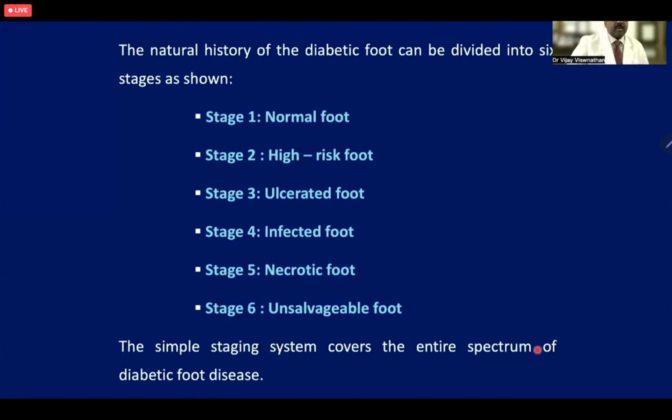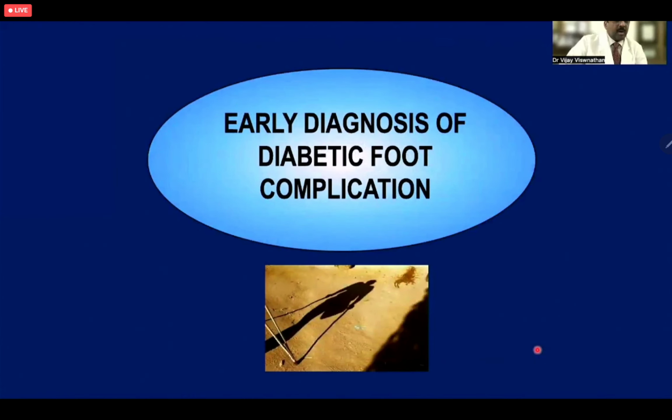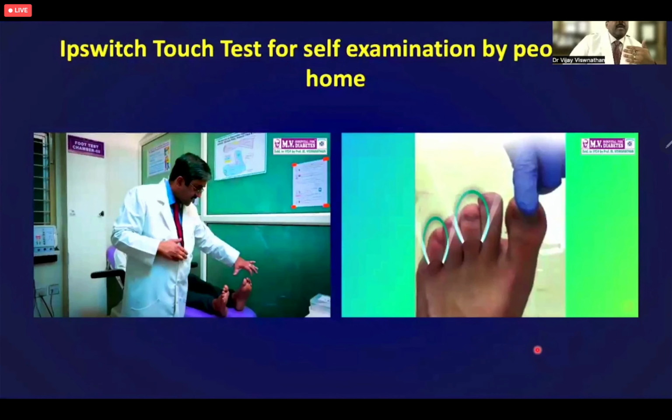The most important are stage 1 and stage 2. How do we make an early diagnosis of diabetic foot infection? This is very, very important from the standpoint of the developing world. The Ipswich touch test by Jerry Raymond and his colleagues from Ipswich was a very simple method of evaluating for loss of protective sensation by just touching the first, third, and fifth toes of both the feet.